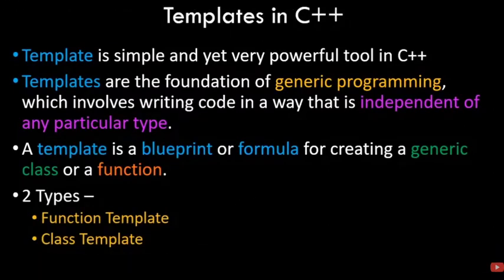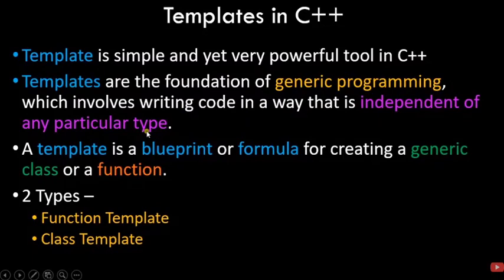A template is a blueprint or formula for creating a generic class or a function. Here you have to think about what is generic programming and what is a blueprint or a template. Generic programming allows the programmer to write an algorithm which can fit any type of data.